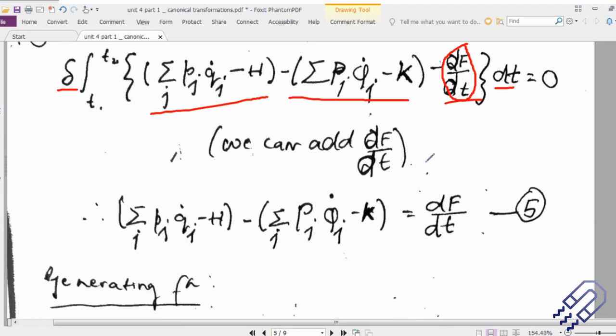If you do that, we can add df by dt, and if we do this, this part will actually be 0. And we have got delta of the integration from t1 to t2 of this minus df by dt into dt is equal to 0.